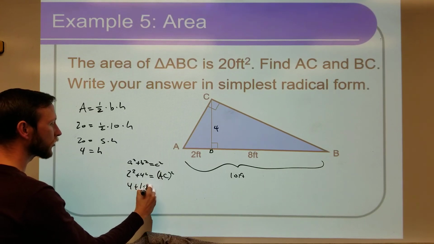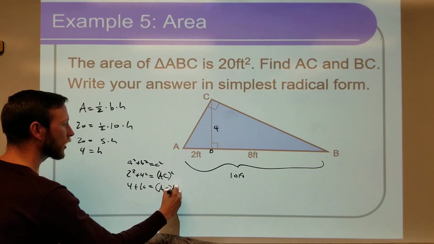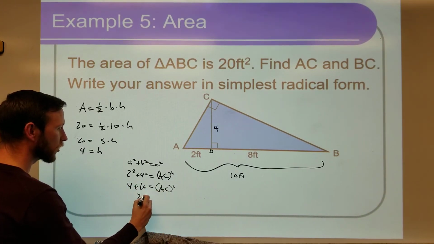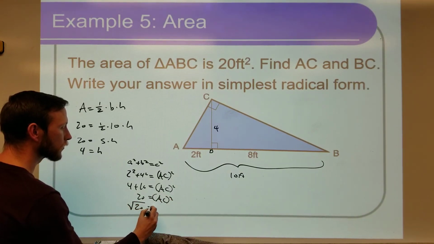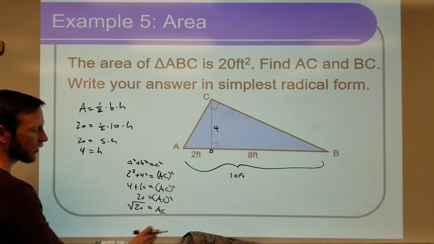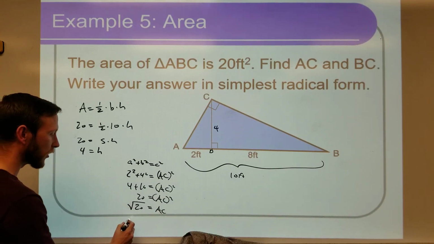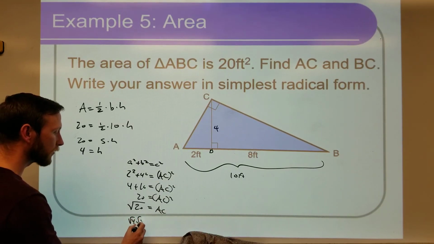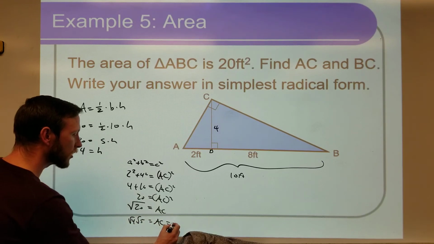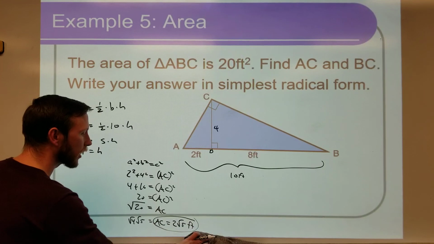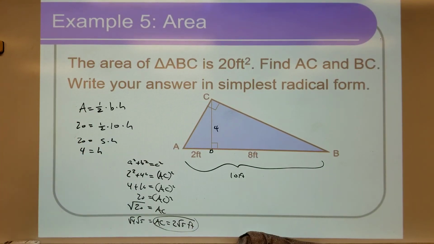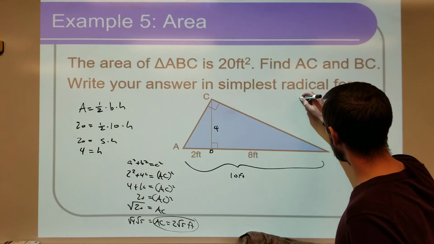So I get 4 and 16 is the length of segment AC squared, which means 20 is the length of segment AC squared, and now I have to take the square root of 20 to get the length of segment AC. When I take that square root, we've done that enough where we have the square root of 4 and the square root of 5 is the length of segment AC, which is 2 times the square root of 5 feet. Answer with units.